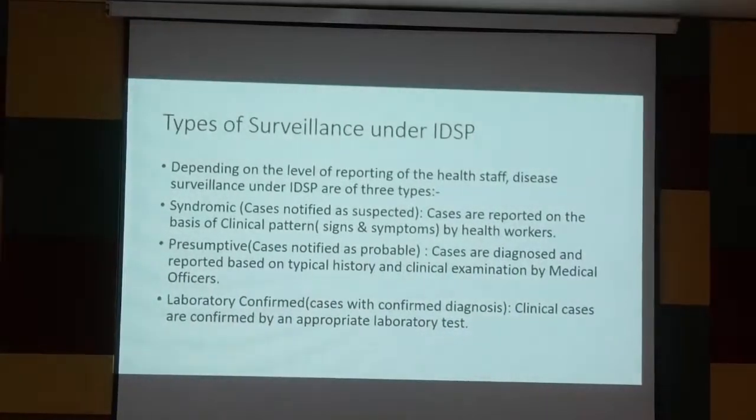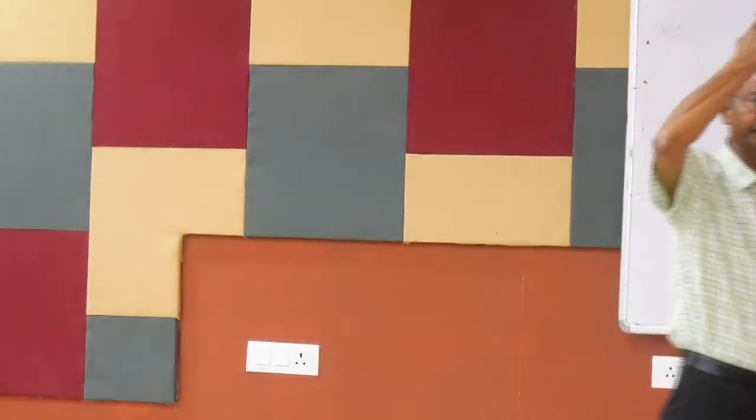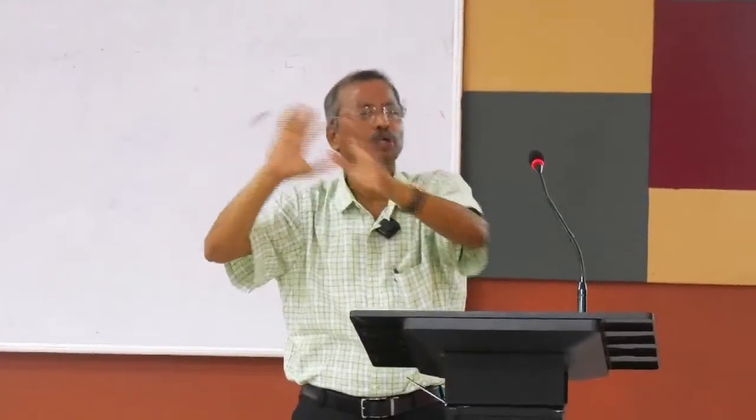So, on the basis of the level of health functionaries, these disease surveillance are of three types. One is syndromic, that means on the basis of the syndrome, or rather we can say signs and symptoms. Okay, who will do it? Health worker. Okay.